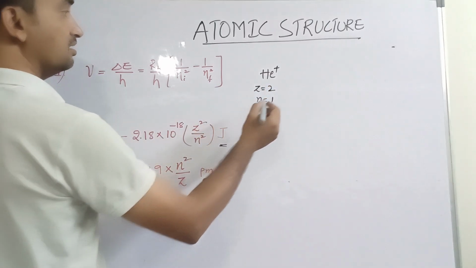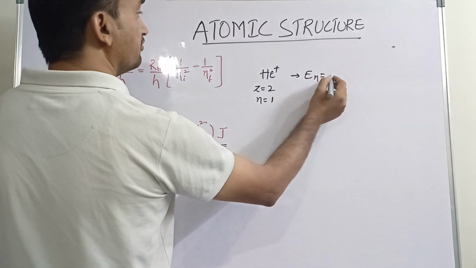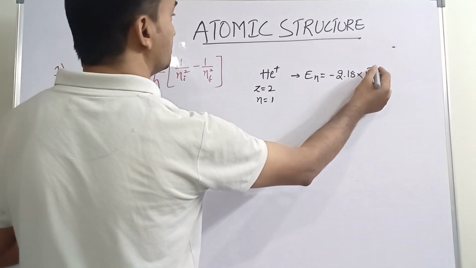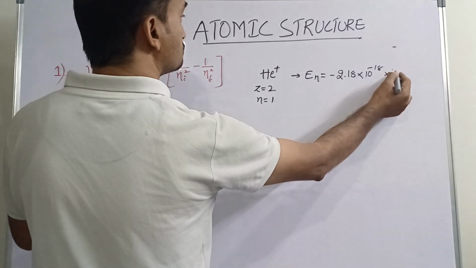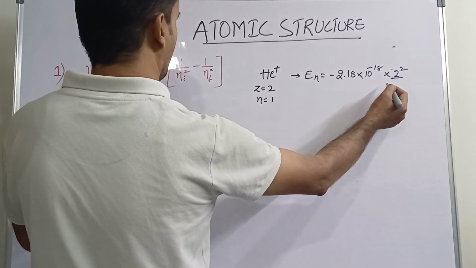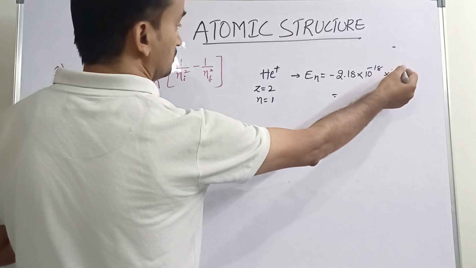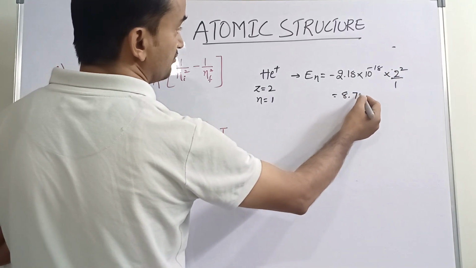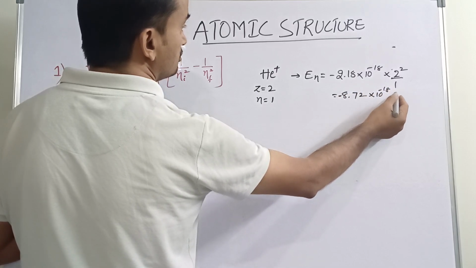Now for helium atom, En equals minus 2.18 into 10 to the power of minus 18 Z square by N square, that is 2 square divided by 1 square, that is 1. So now it becomes 4. 2 square means it is 4. 4 into 2.18, minus 8.72 into 10 to the power of minus 18 joules.